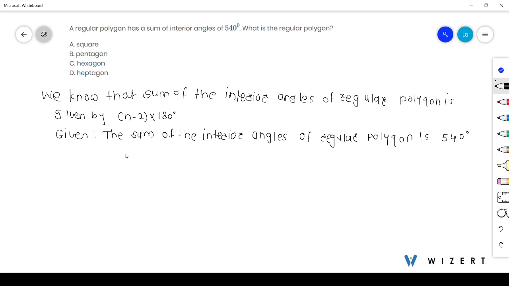So, comparing this, that is n minus 2 into 180 degrees to 540, we can find the value of n, which will be the number of sides of that regular polygon. So, from that we can find which regular polygon this is.